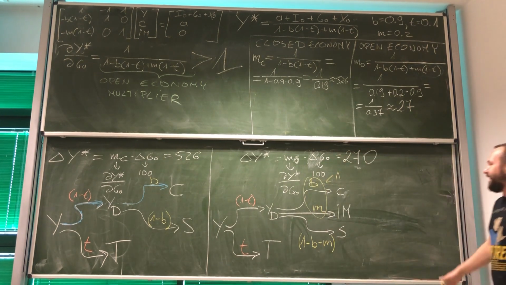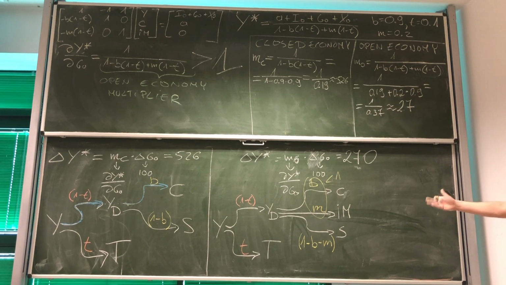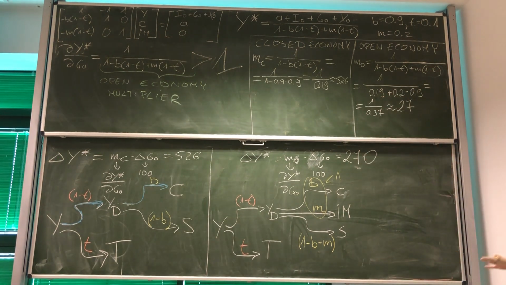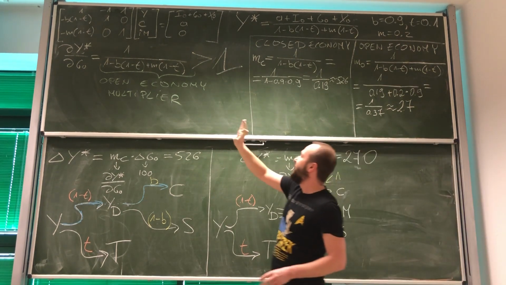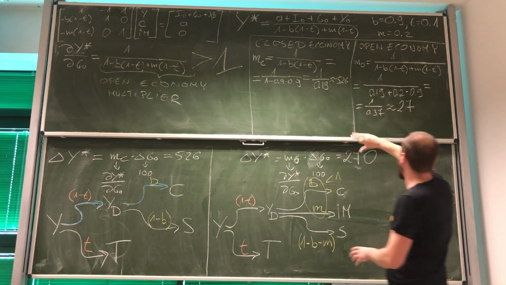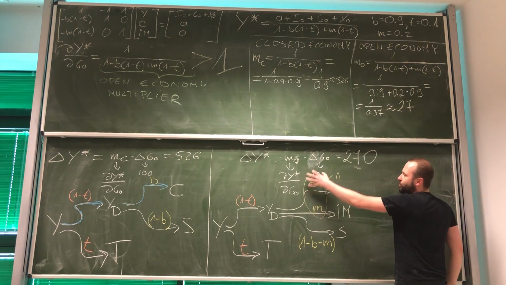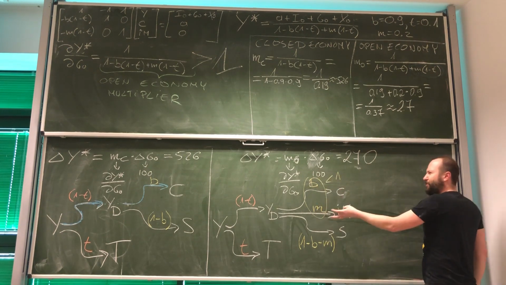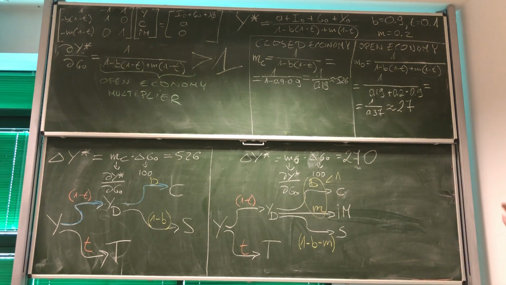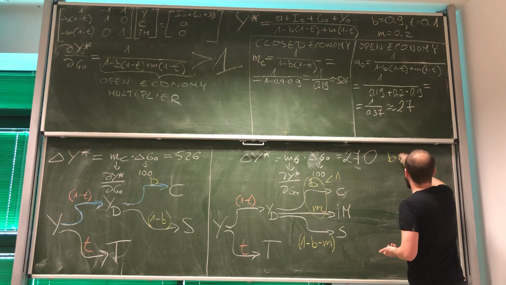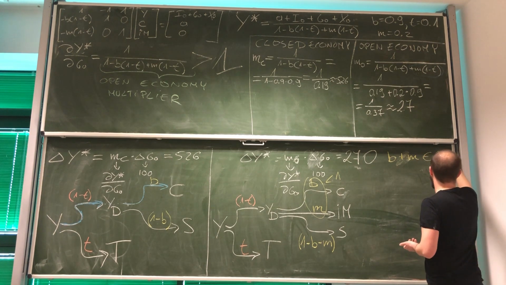In this case, we've got actually negative savings, so with this example, I was able to show you the big difference that it can make. But those numbers usually should sum up to less than 1. So we should have something like B plus M is somewhere between 0 and 1.